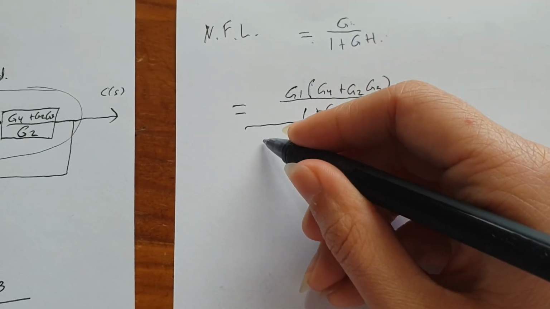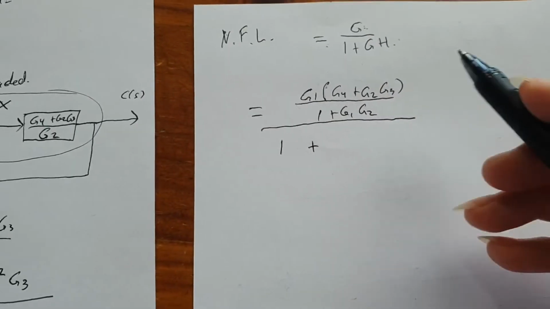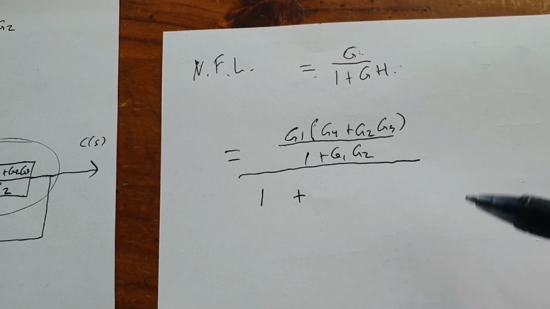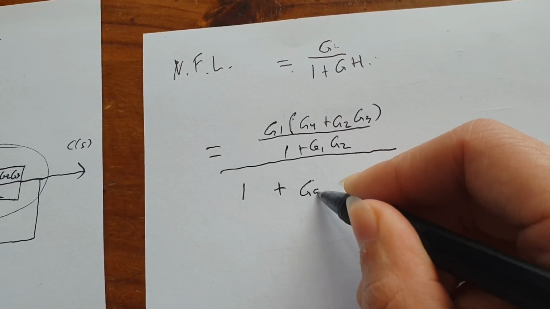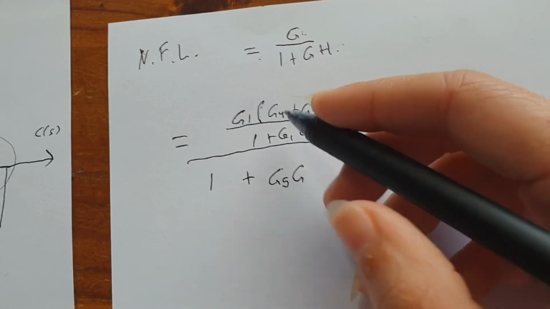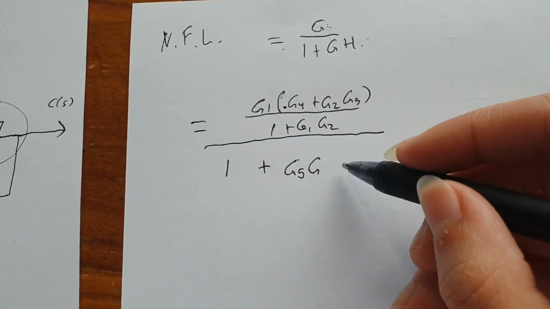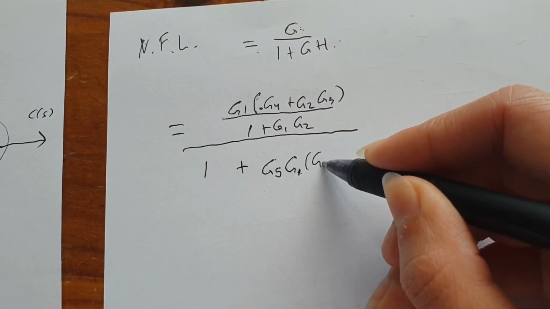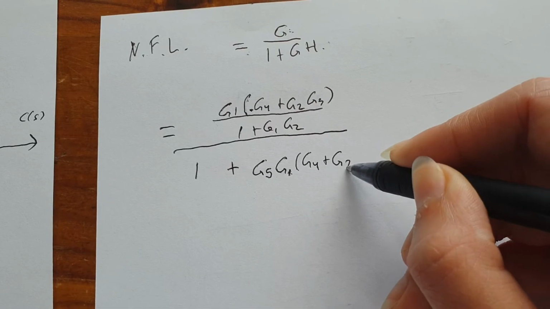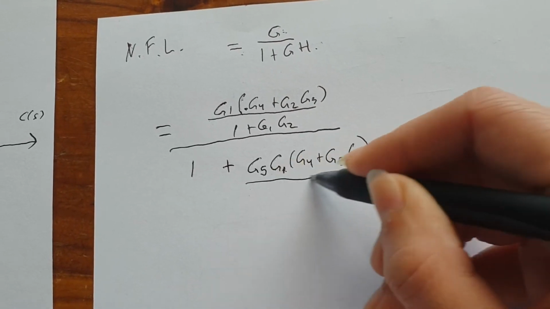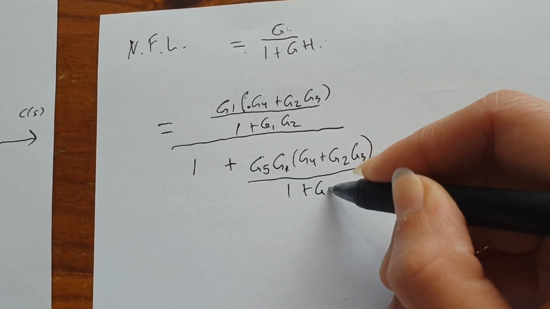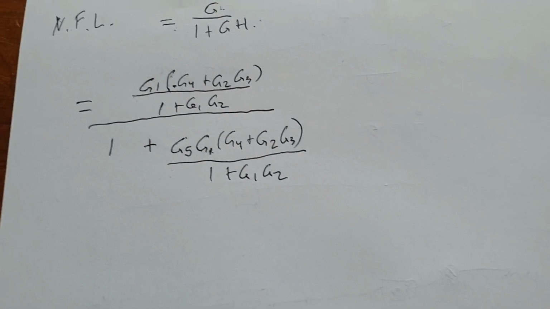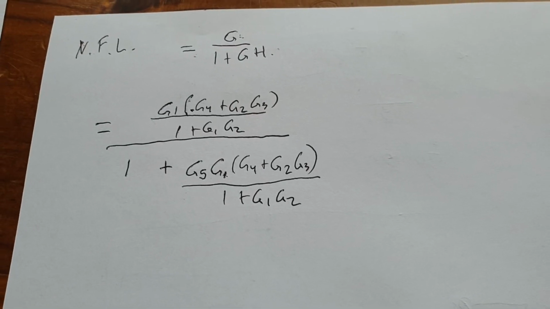So now we put our 1 plus, let's take our G5 as our H and just put it out in front so we don't get confused. Then we need to rewrite our G function. So G1, G4 plus G2, G3 over 1 plus G1, G2. Now this is where things get a little bit complicated in our reduction method.